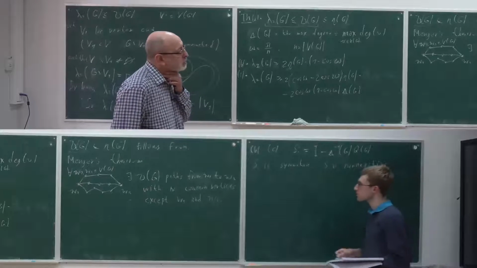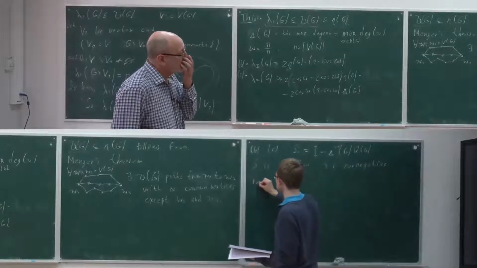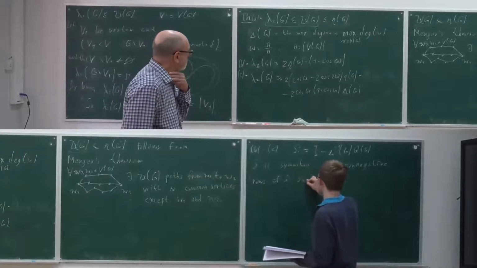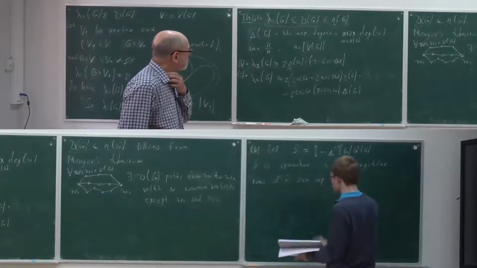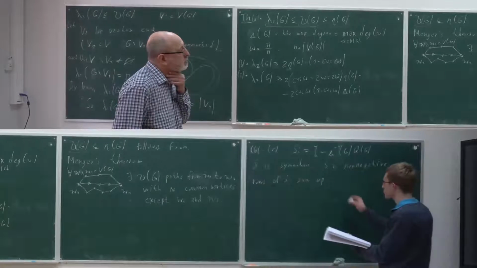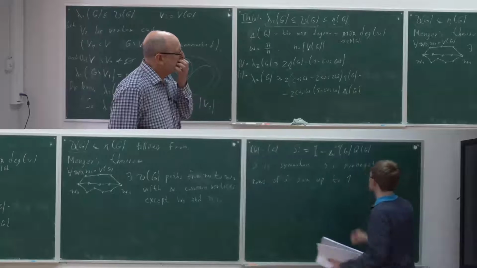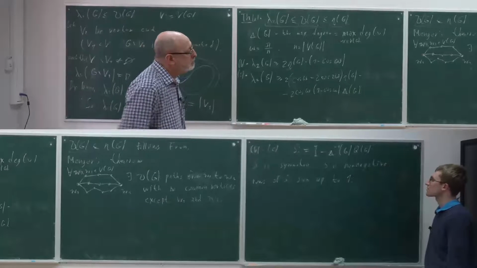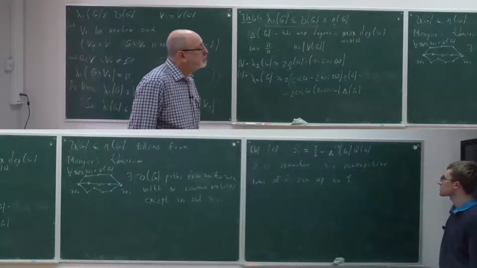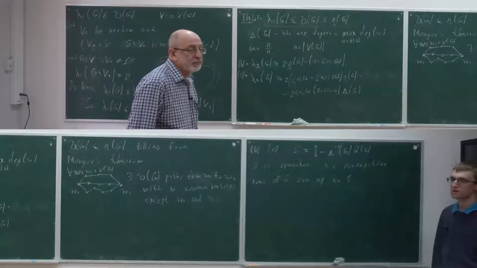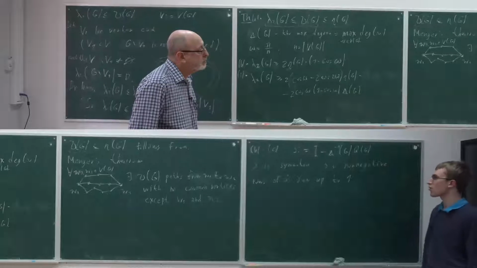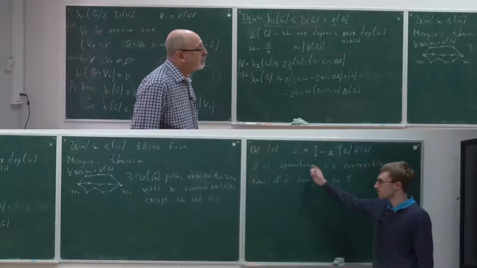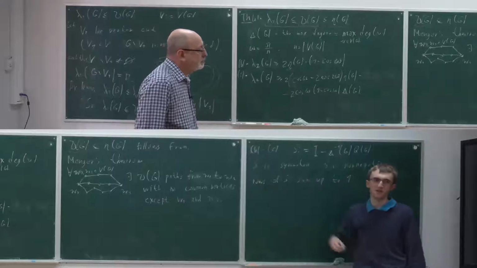And also rows and columns of S sum up to 1. Both rows, and if rows, then also columns, since S is symmetric.